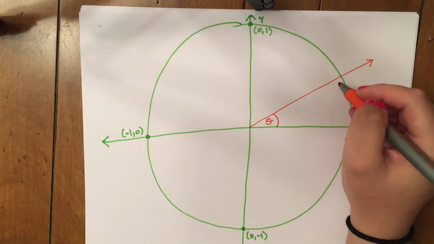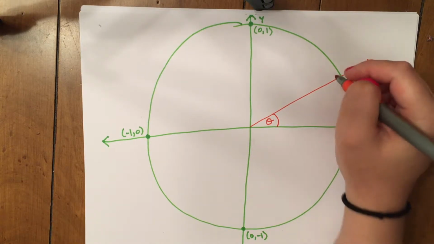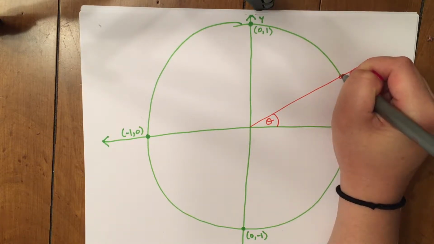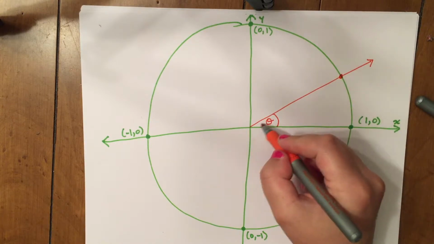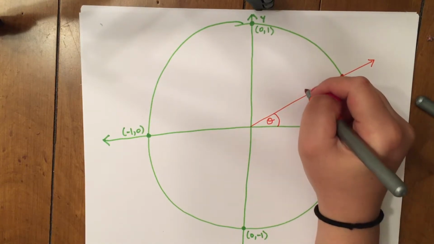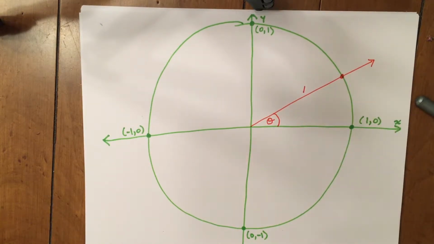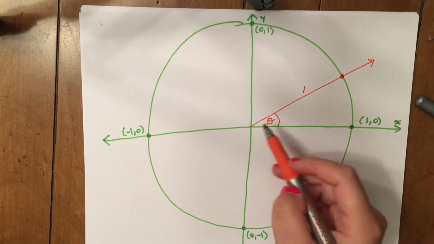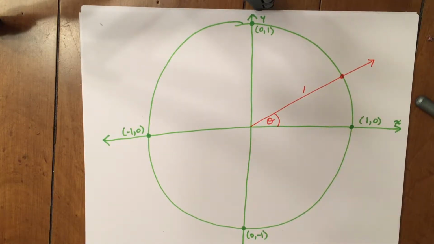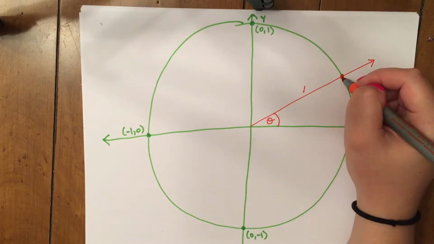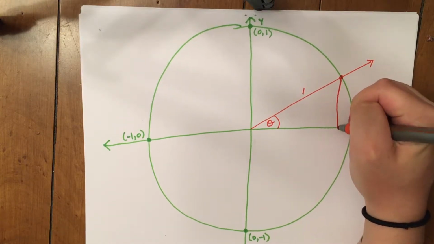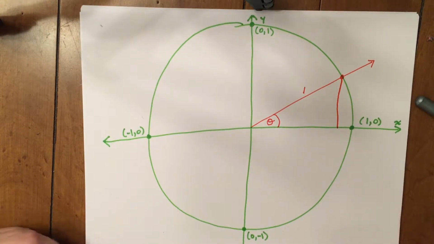we will cross the circle at exactly one particular point on this ray, and the length of the segment that's created is also going to be exactly 1, because we've made a circle whose radius is 1, and this creates a radius. From this line segment, we could drop a vertical segment that goes directly down to the x-axis.